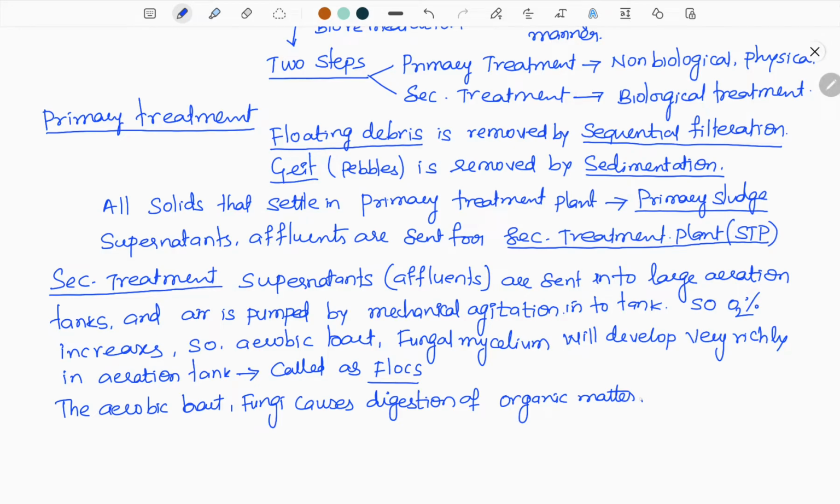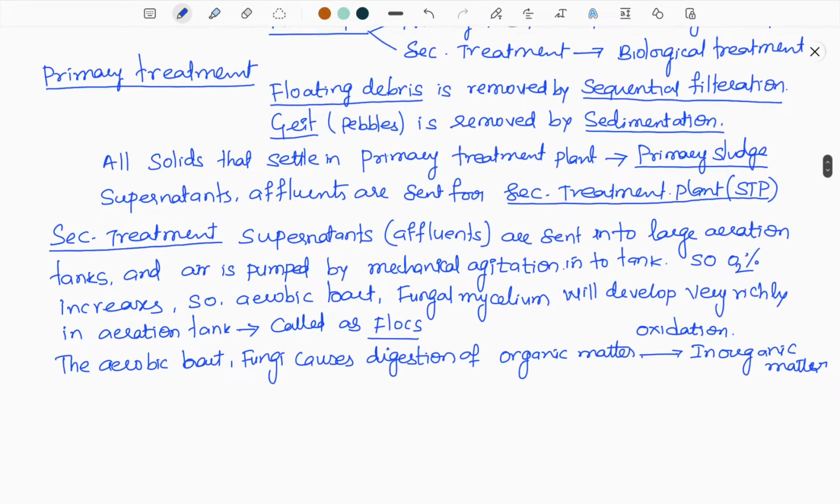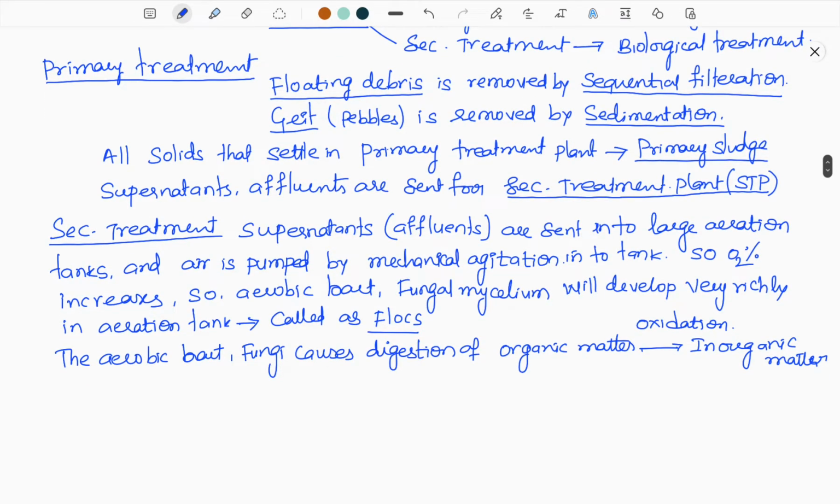So organic matter will convert into inorganic matter by means of oxidation. Oxidation means what? Addition of oxygen. Hope you have understood. So as organic matter converts into inorganic matter, organic matter decreases.